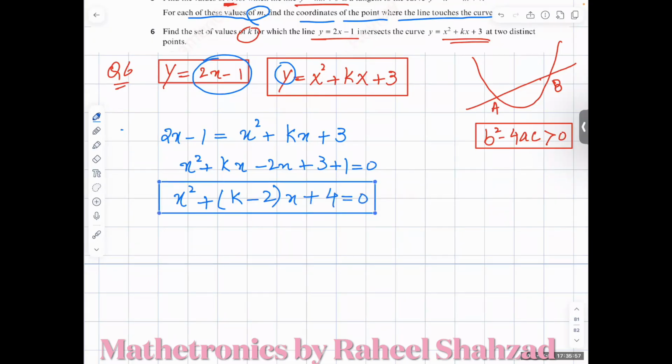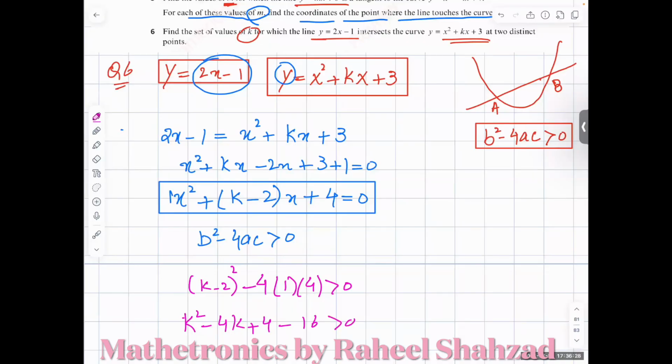Right? So if this straight line intersects a curve at two unique points or two different points, then b square minus 4ac, the discriminant, must be greater than 0. So here you go. That is (k minus 2) square minus 4ac is greater than 0. K square minus 4k plus 4 minus 16 greater than 0.